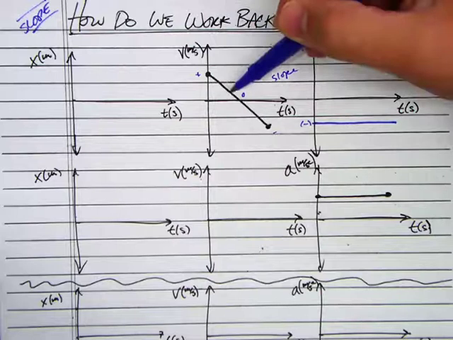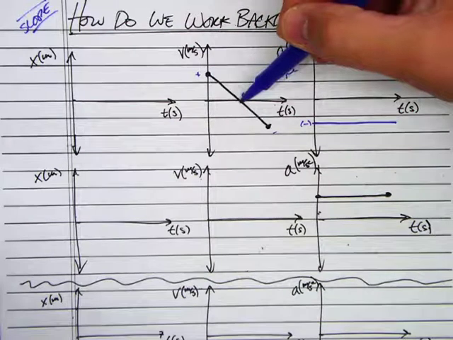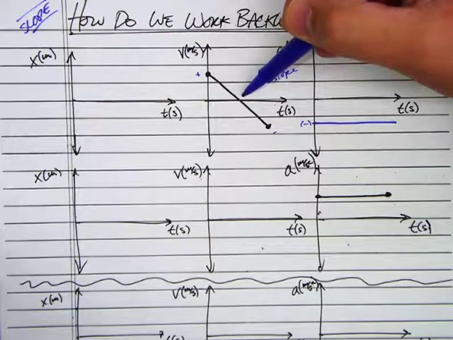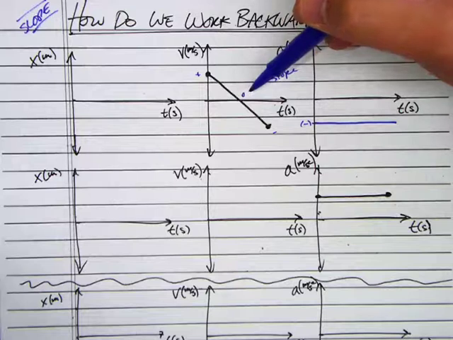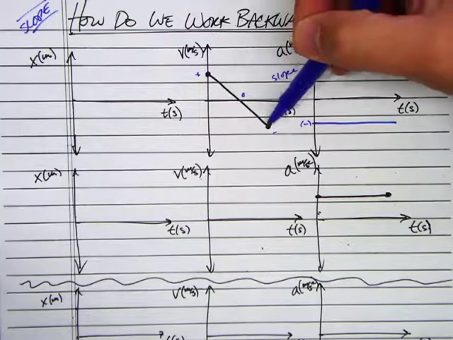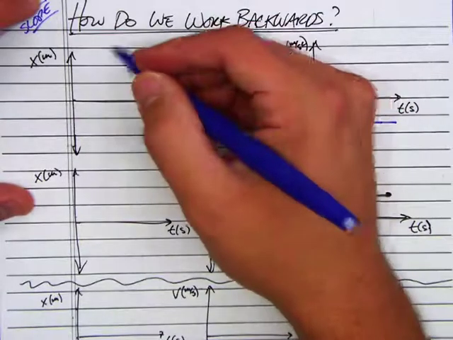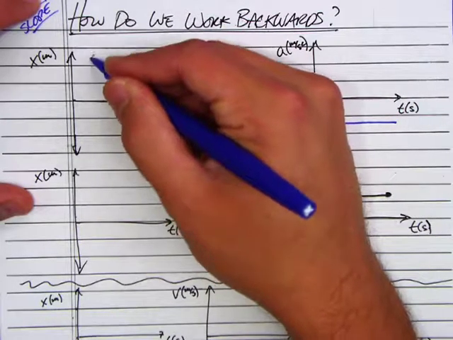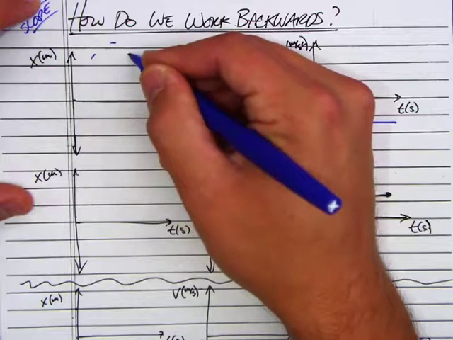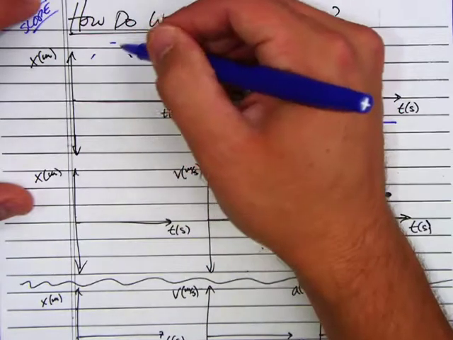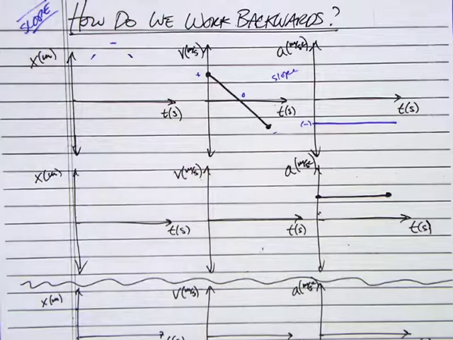By the time I reach this time, where it crosses zero, I know the slope has to be zero. And as I move farther in time, the slope has to be negative. So the slope is positive, flat, and negative, and I begin to see that I'm going to have some kind of downward curved quadratic. That's fine. I can get the shape from that.